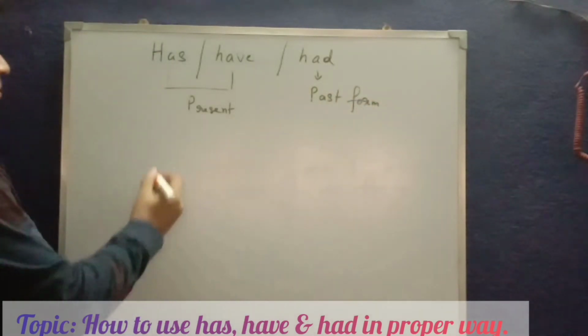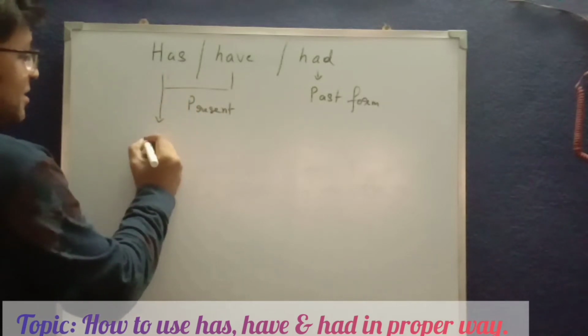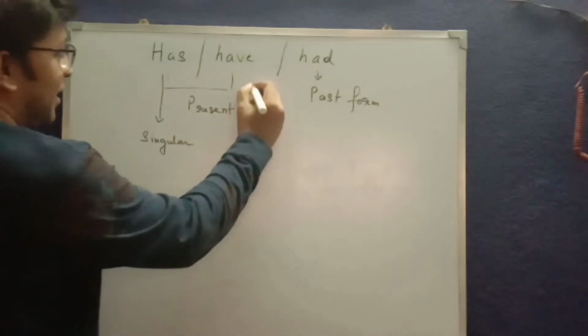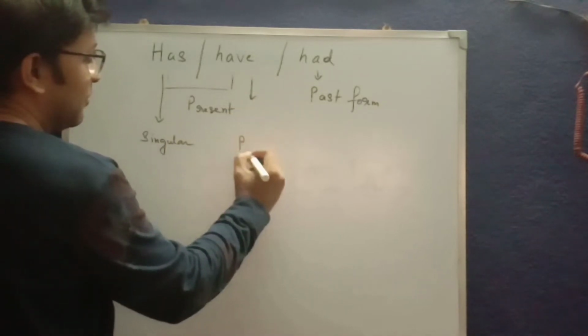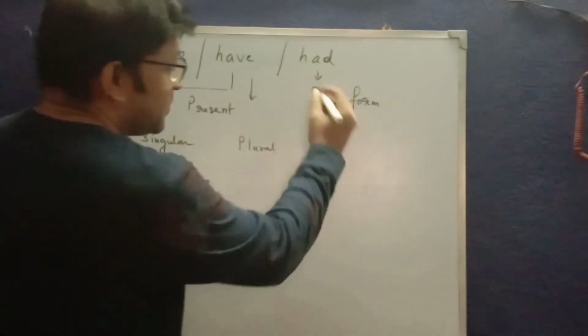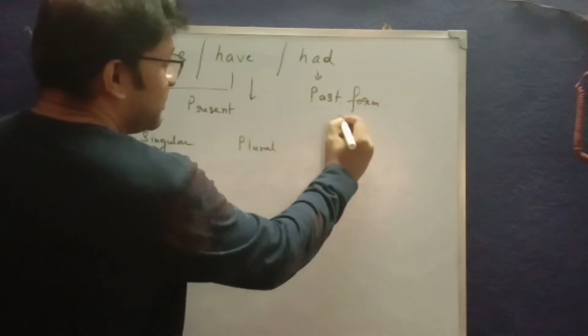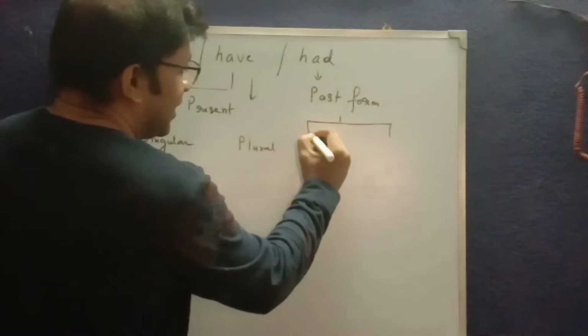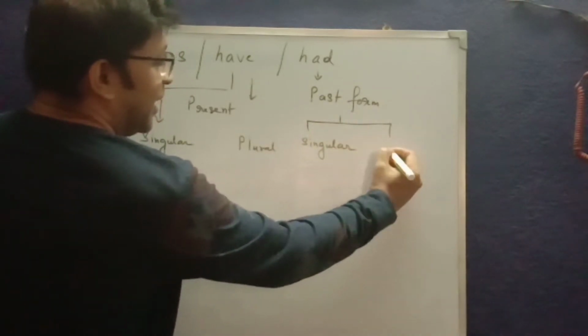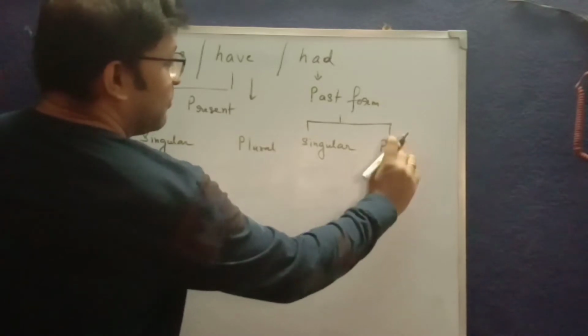You have to remember one thing: has is singular and have is the plural form. But in the case of the past form, had represents both the singular and the plural form.